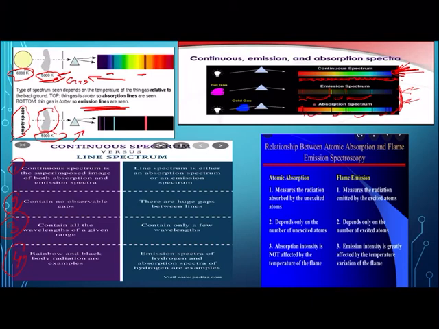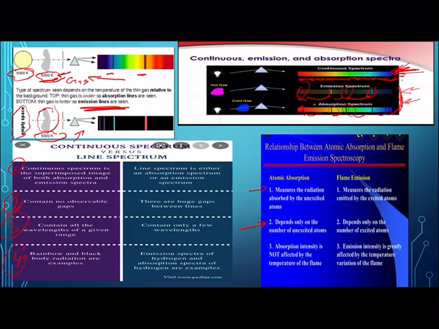Now let us see together the difference between atomic absorption and flame emission. Absorption measures the radiation absorbed by the unexcited atom. So in the absorption spectra, you see these black lines because it's measuring the radiation of the unexcited atom, while these bright lines in the emission spectrum measure the radiation emitted by excited atoms.